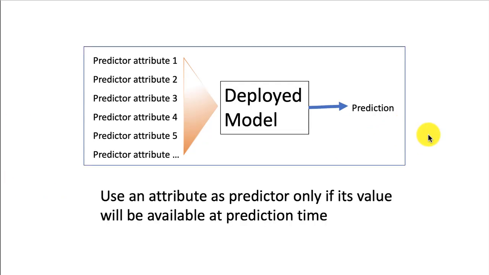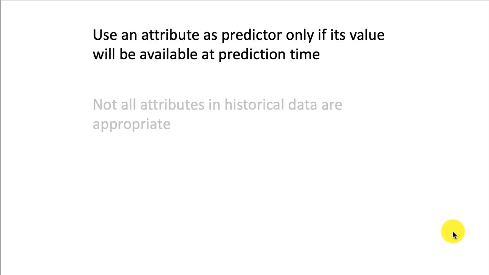This is very important. We should use an attribute as a predictor only if its value will be available at prediction time. It's very easy to fall afoul of this requirement. So for example, not all attributes in historical data are appropriate.